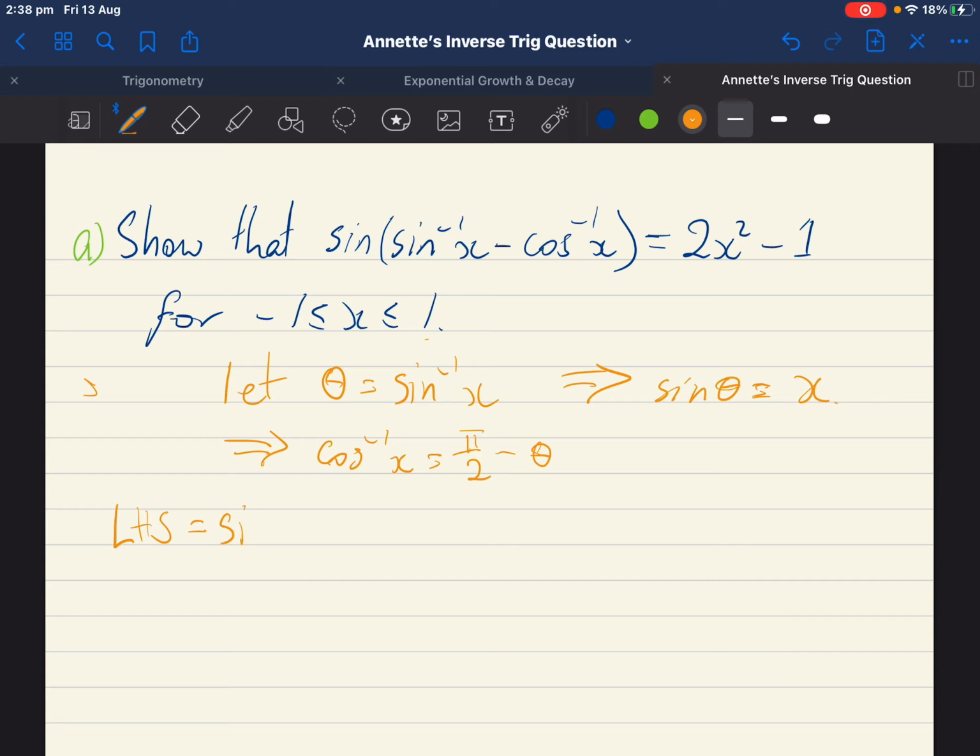Okay, so the left-hand side is sine of inverse sine x minus inverse cos x. All we're going to do is substitute our expressions for inverse sine and inverse cos.